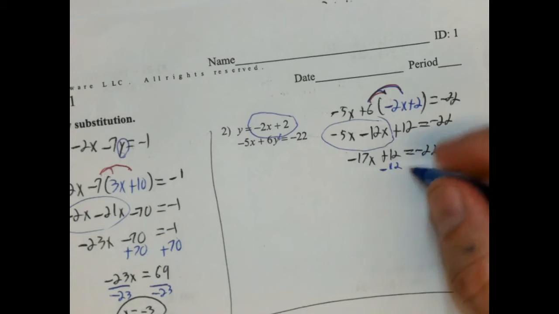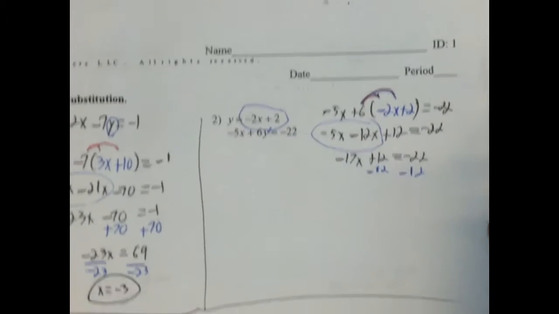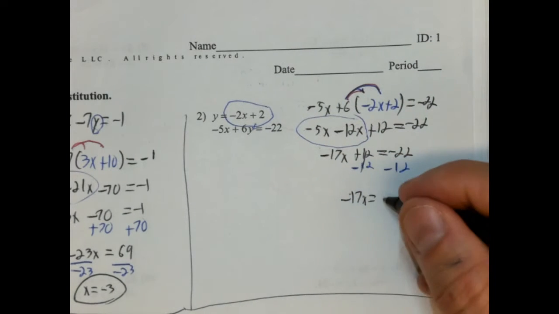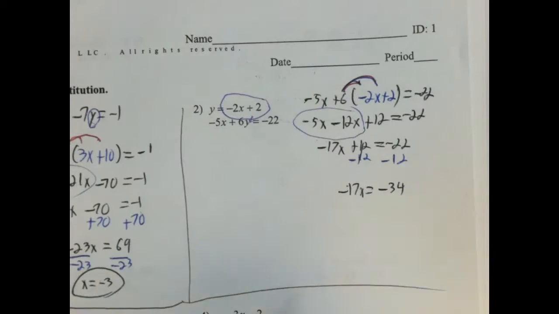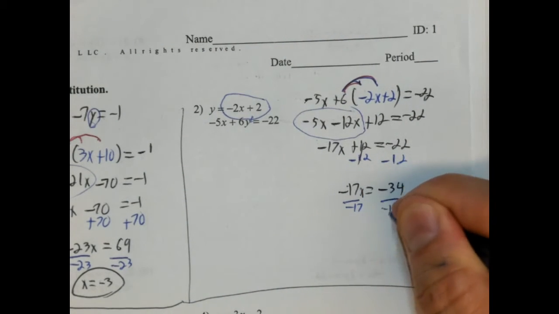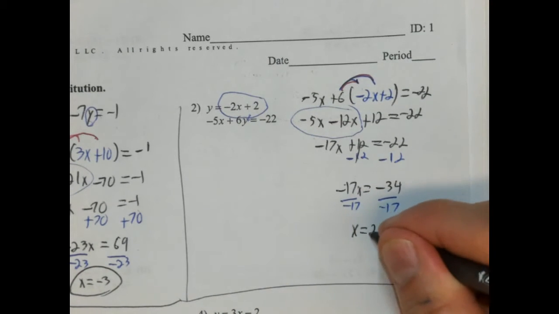There's the bell. We're going to subtract 12 from both sides because that's our constant. So these cancel. We're going to have negative 17x equals negative 34. We're going to divide by our coefficient, which is negative 17. And x will equal 2.